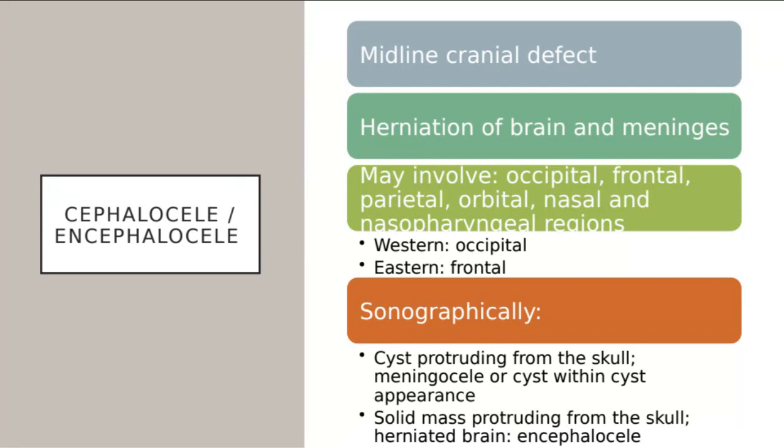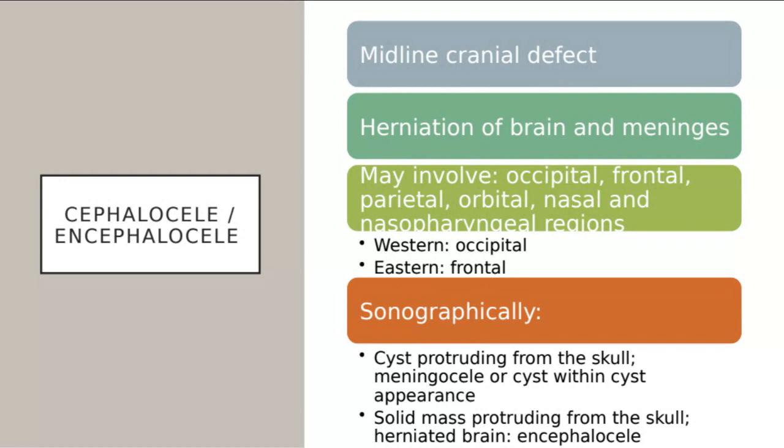Now, depending on which hemisphere of the world we live in, we do have different prevalences of these types of conditions. If we are in the Western hemisphere, we are usually going to see these cephaloceles coming off the back of the baby's head. If we are in the Eastern hemisphere, we see a lot of babies having these cephaloceles coming out through the frontal aspect of their head.